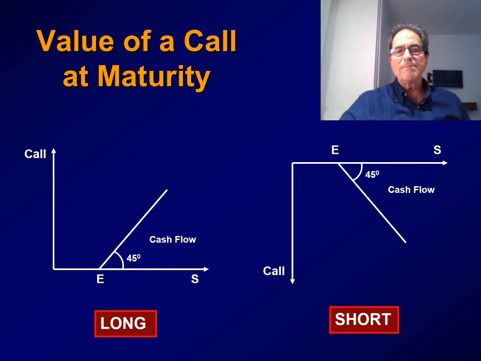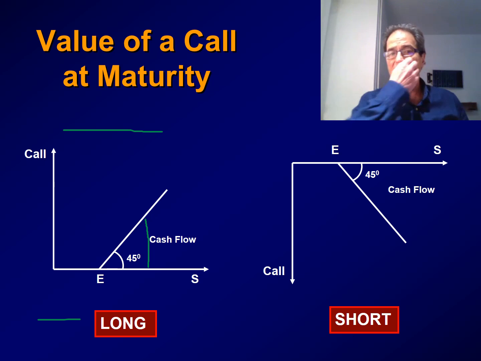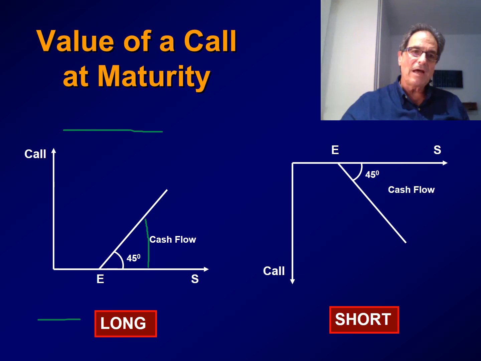The value of a call at maturity can be illustrated through this graph. If I buy the call, meaning that I have the long position, I will have this positive cash flow at maturity of the option. In the vertical axis, we have the positive cash flow that we obtain when we exercise the call, and in the horizontal axis, we have the value or the price of the underlying asset, in this case, the stock.